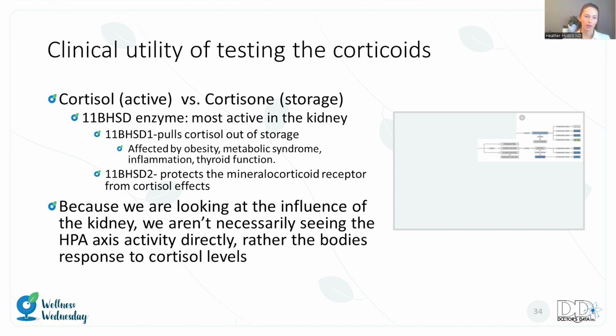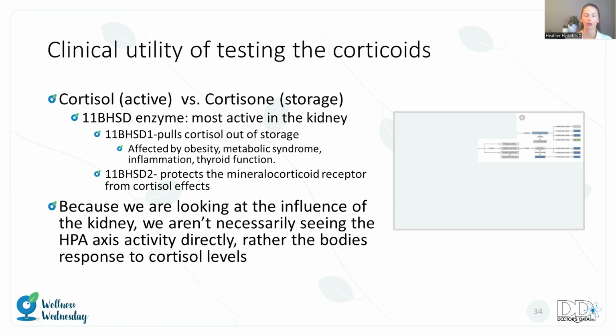So cortisol is the active form of the hormone, and then cortisone is the storage form. The 11-beta HSD enzyme is most active in the kidney, and there are two versions of it. The one version pulls cortisol out of storage, activating it. And this can be affected by obesity, metabolic syndrome, inflammation, and thyroid function. 11-beta HSD2 is protecting the mineralocorticoid receptor from cortisol's effects.